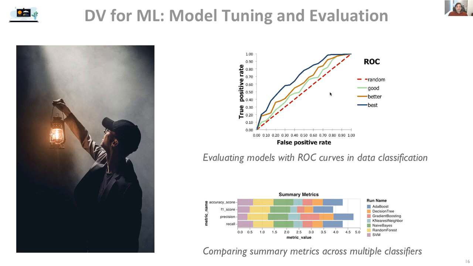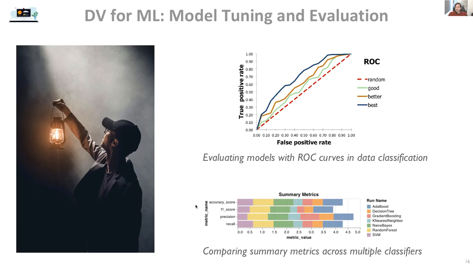These ROC curves help us understand our models better and pick the best model, which is this model in this example. For example, we may find that an SVM classifier performs better than a decision tree classifier, and we pick that.